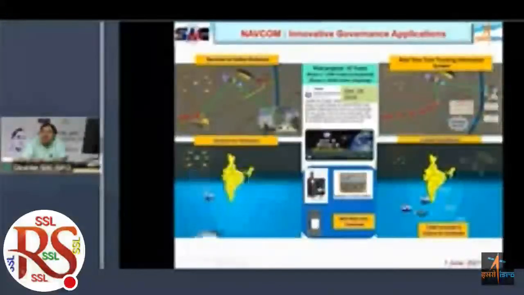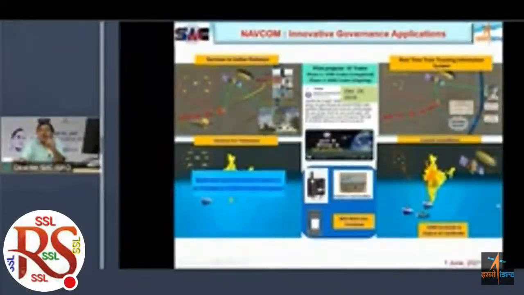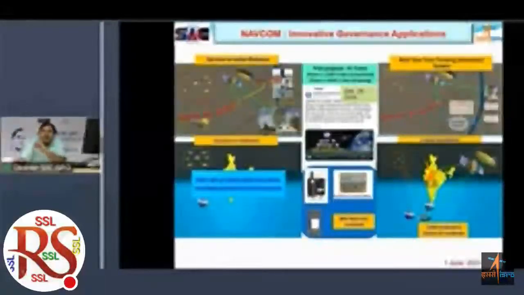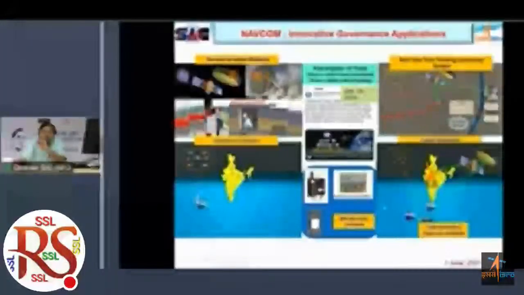So any unknown ship that comes will not be equipped with this terminal, so you will immediately come to know that some unidentified boat is moving somewhere in our sea. That will be caught, and our Coast Guard and Navy will take care of that particular boat. So this is the advantage of it.